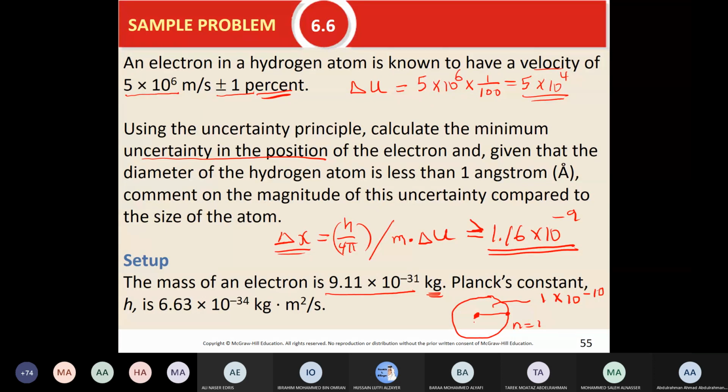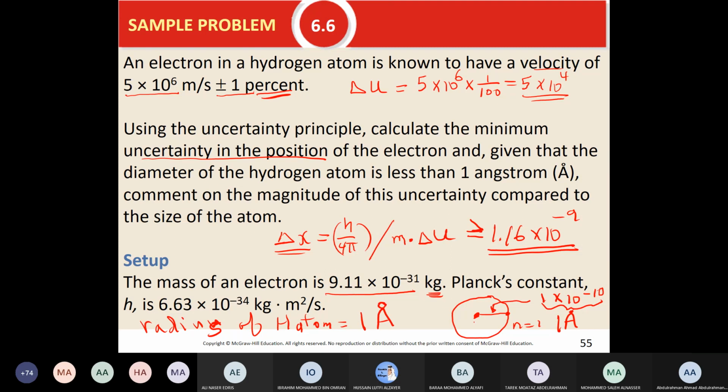Is this clear? This is the distance, calculated by other people. This 1 times 10 to the power minus 10 is called 1 angstrom. So what's the radius of the hydrogen atom? Radius of H atom is equal to 1 angstrom.